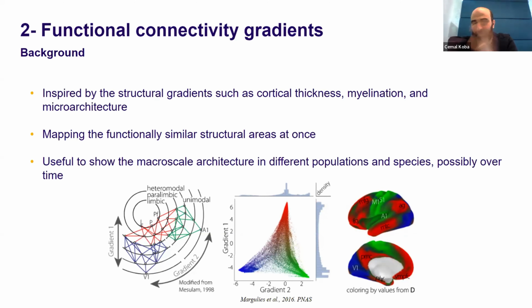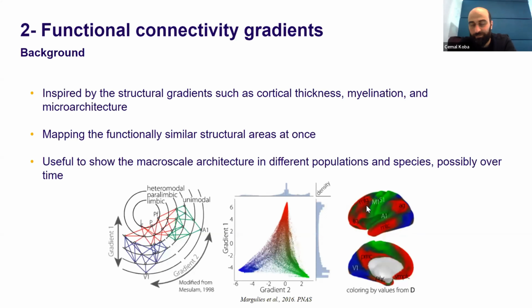So this is how you can define the brain function, and it explains around 25-30% of variance in the brain. And the second gradient, from blue to green regions, explains the second most variance.